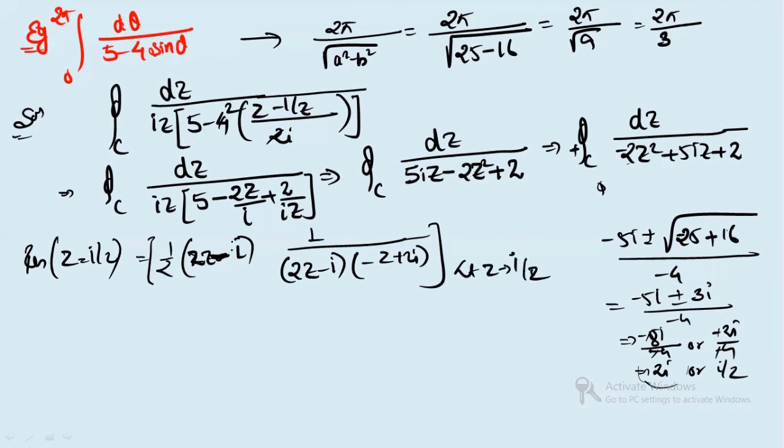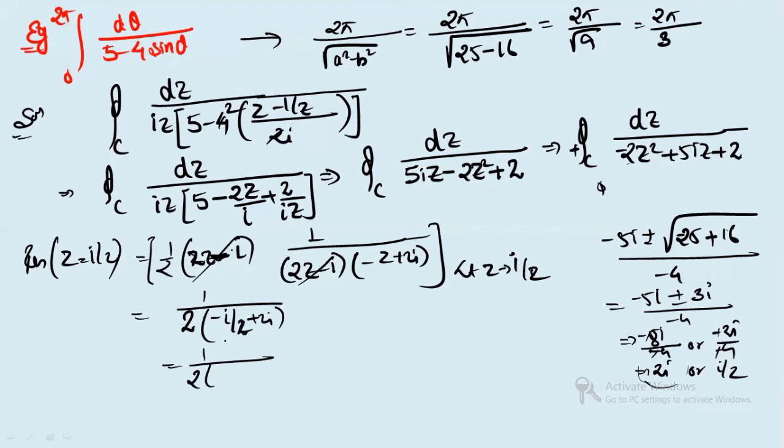If you see here, this will get cancelled, and here you will have 1 by 2, and z is minus i by 2 plus 2i. So when you solve this, you will get 1 by 2 times, this is i by 2, right?